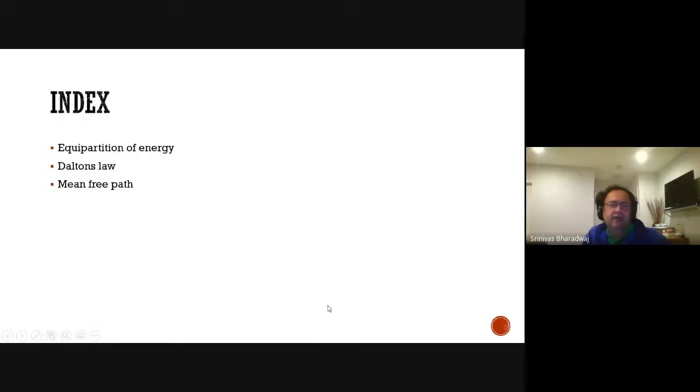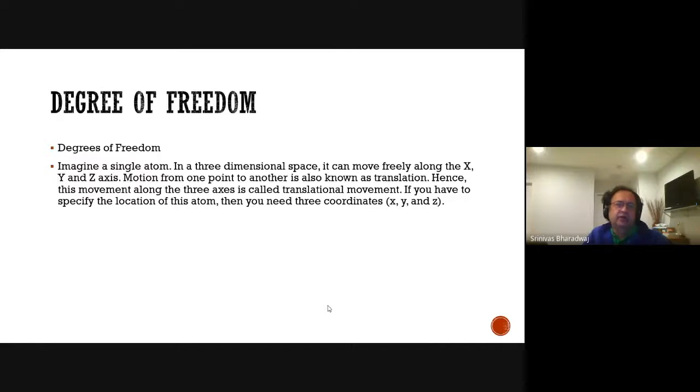So now we have this idea of what is called equipartition of energy. Now we have multiple degrees of freedom. What are degrees of freedom? If you had a single atom in 3-dimensional space, it can move freely along x, y, and z: up and down, left and right, forward and backward.